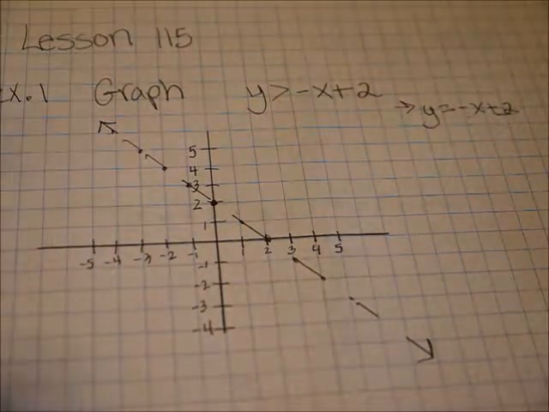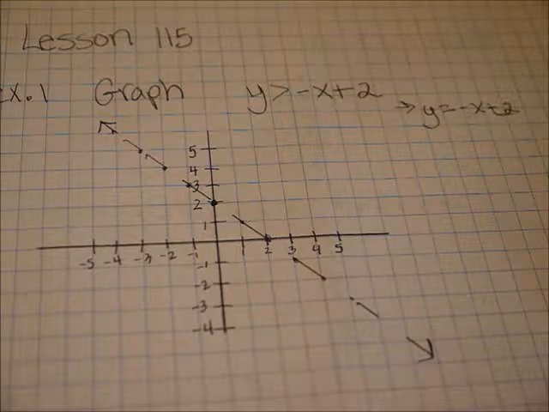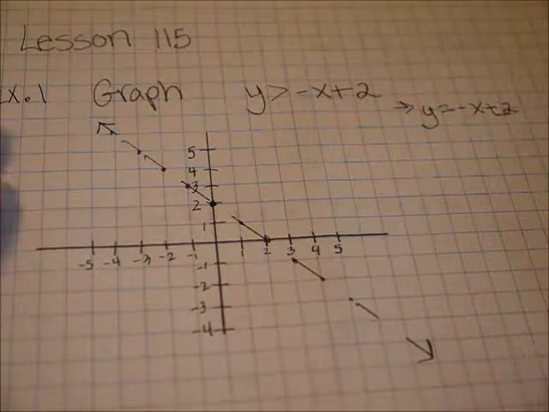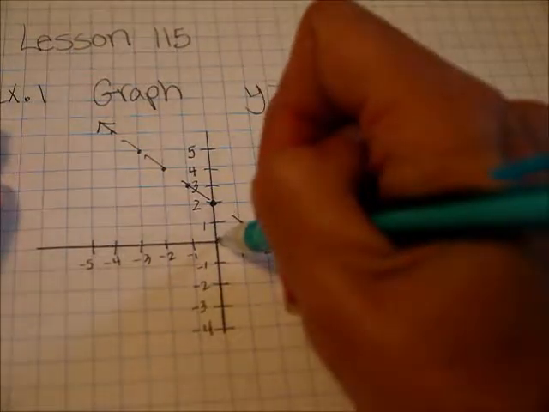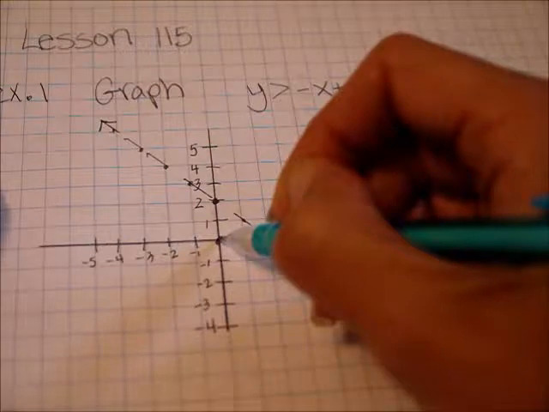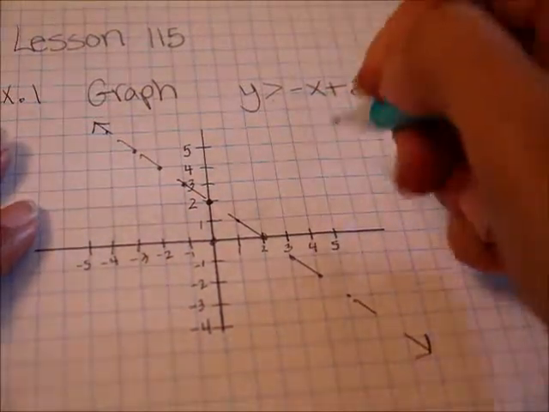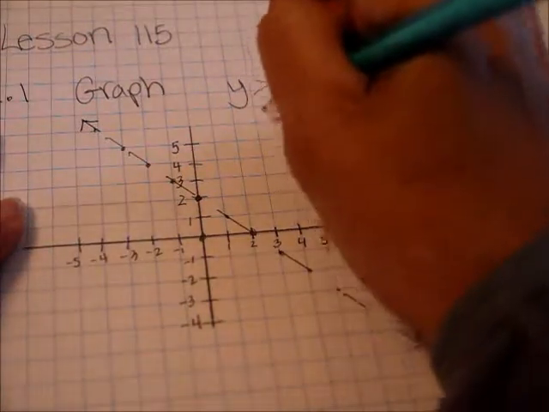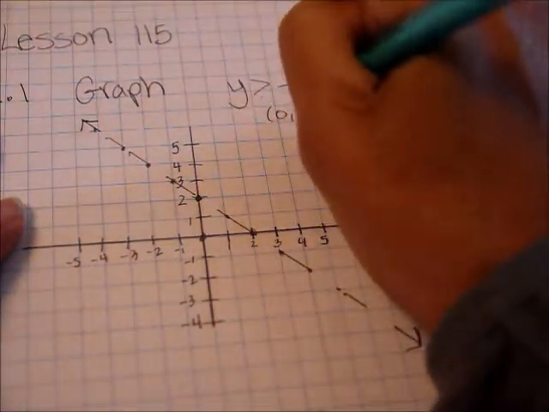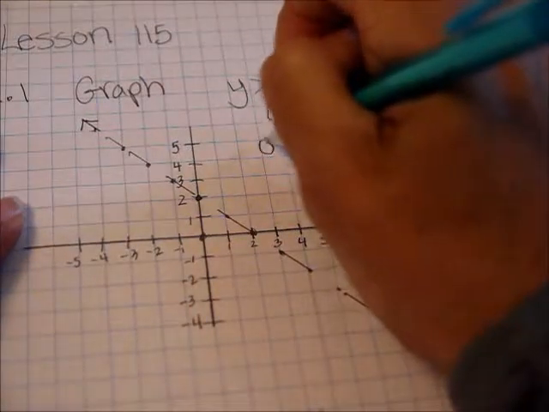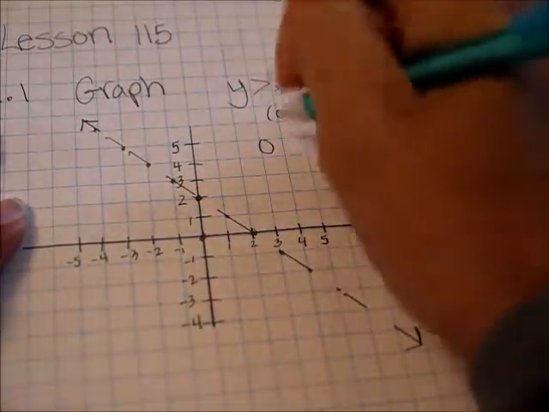Now the way we decide is we pick a point and see which one works. So I'm going to go ahead and pick a point. How about 0, 0, because working with zeros is always nice. Okay, so I'm going to try the point 0, 0 and see if this is a true statement or a false statement.